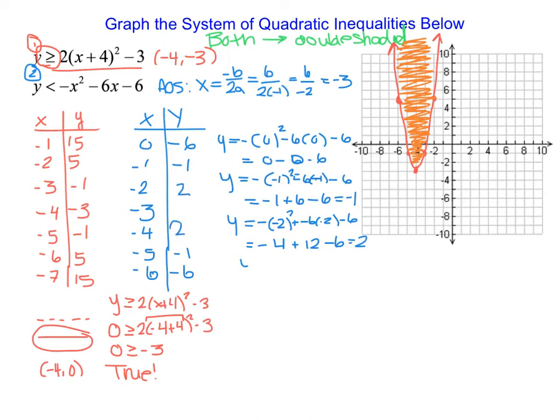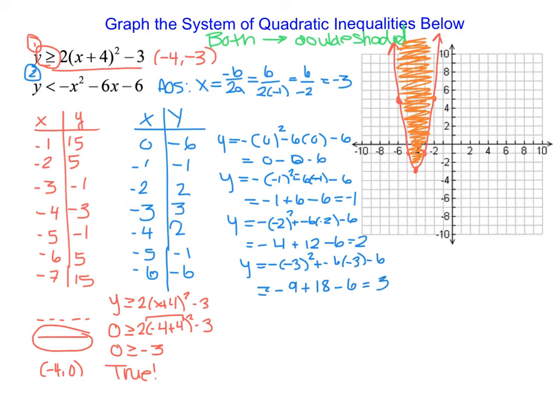And then finally our vertex y equals negative 3 squared plus a negative 6 times negative 3, then minus 6. So that becomes negative 3 squared is 9 times the negative out in front is negative 9 plus negative 3 times negative 6 is a positive 18, and then minus 6. So that turns into negative 9 plus 18 is 9, minus 6 more is 3.